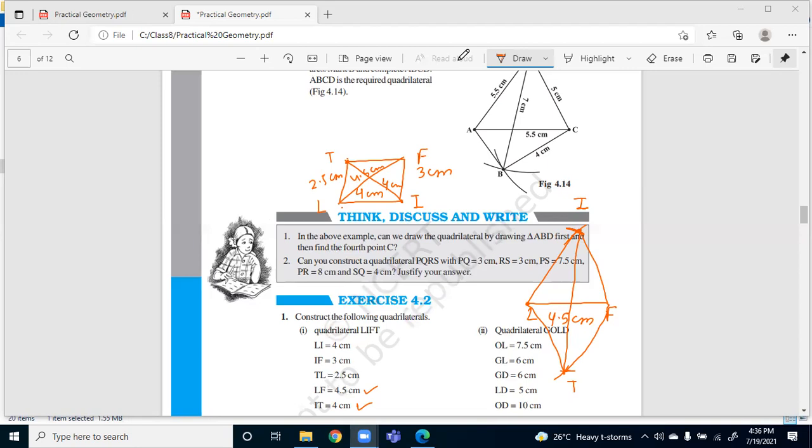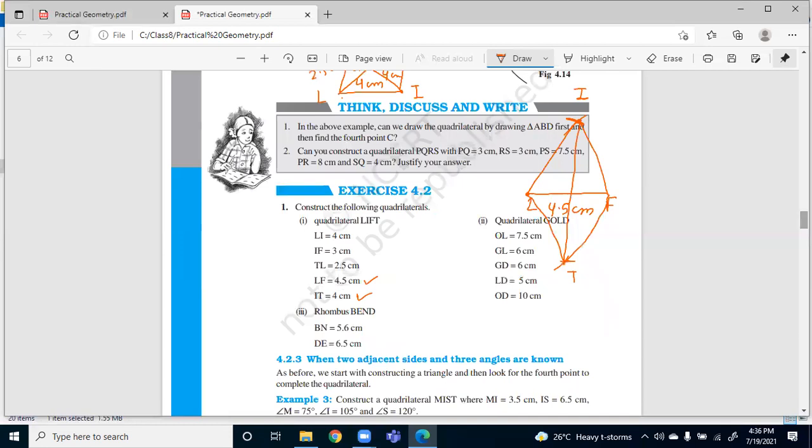Okay, what about others? Ma'am, completed. Okay, so if it is completed, then we can move to the second question of the same exercise.